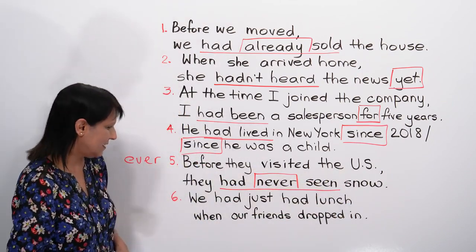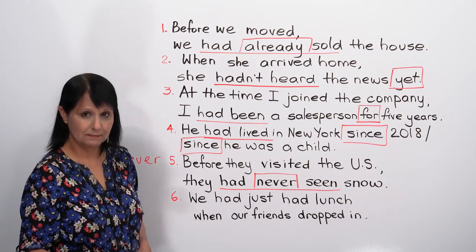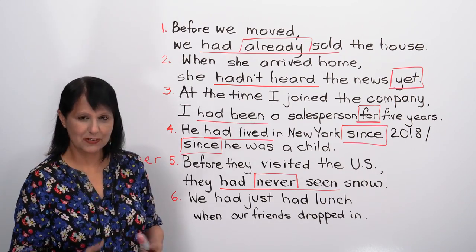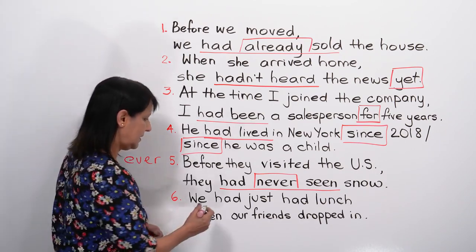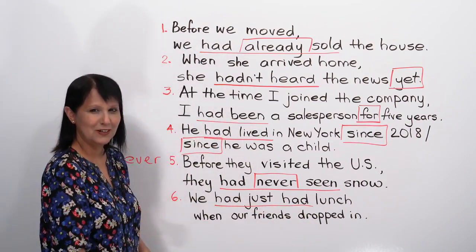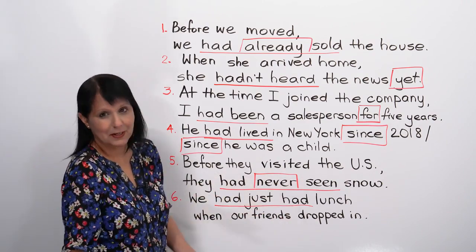Number 6. We had just had lunch when our friends dropped in. Okay, now, first of all, where's the past perfect? Here, right? It's one of those slightly weird ones where we said had, because we're talking about lunch, right?